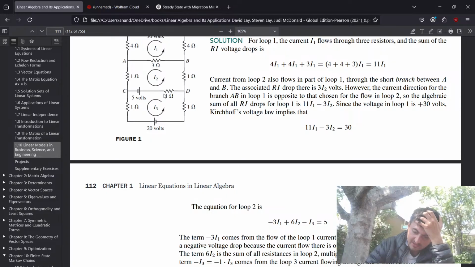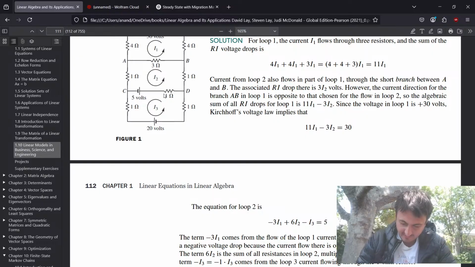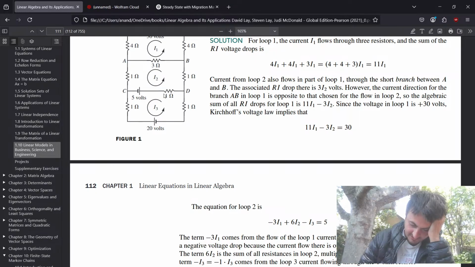And we're going to subtract 3I1. Right, okay. And then this is going this way, but this one's going this way. Or wait, no, this one's going this way. So then we want to do minus I3.